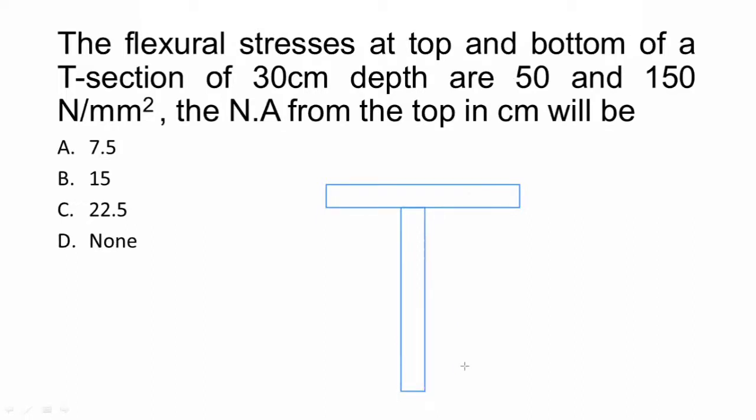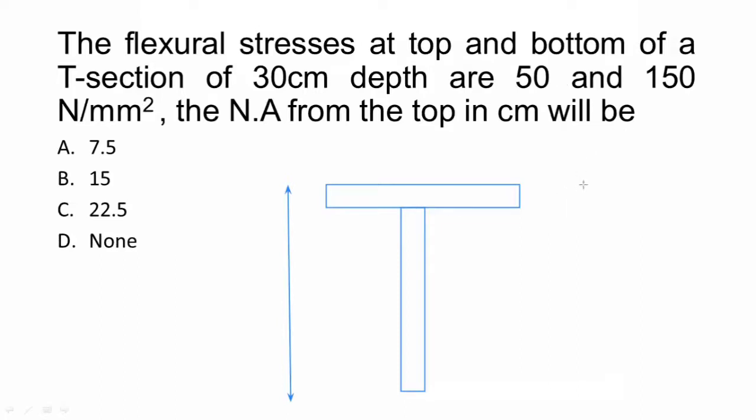So this is a T section. If you see, the T section is of 30 centimeter depth, it means this total depth is 30 centimeter. And the stresses at the top and bottom are 50 and 150 Newton per mm square.